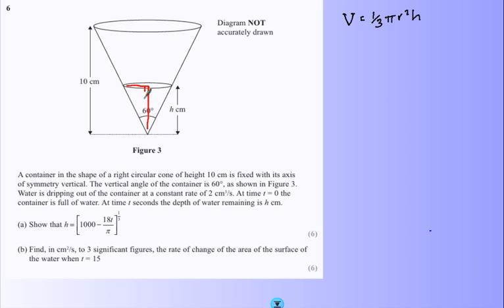There we have a right angle triangle. There's the radius, and that would be 30 degrees. So tangent of 30 degrees, opposite over adjacent.